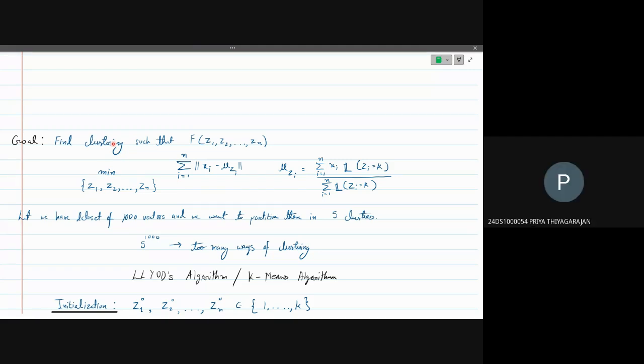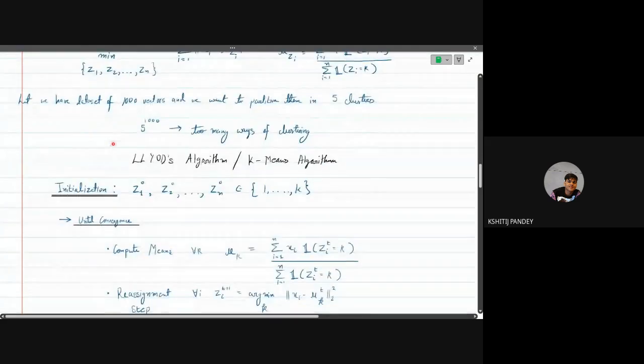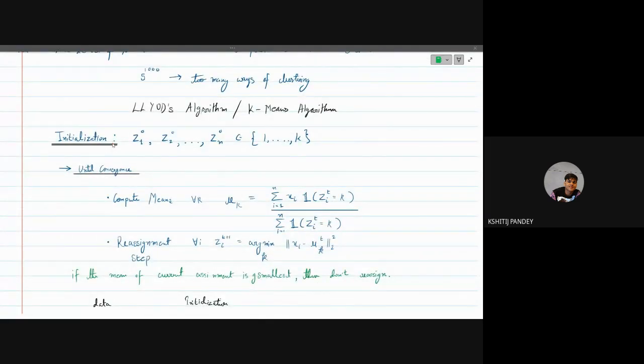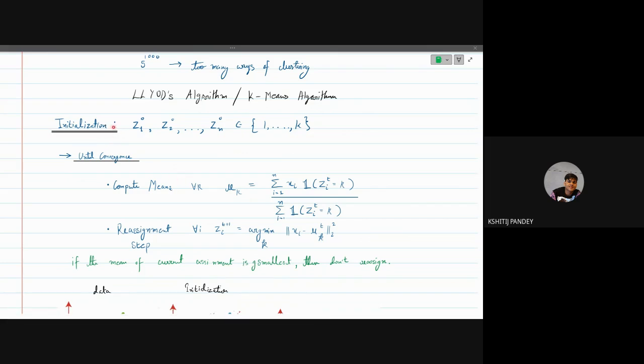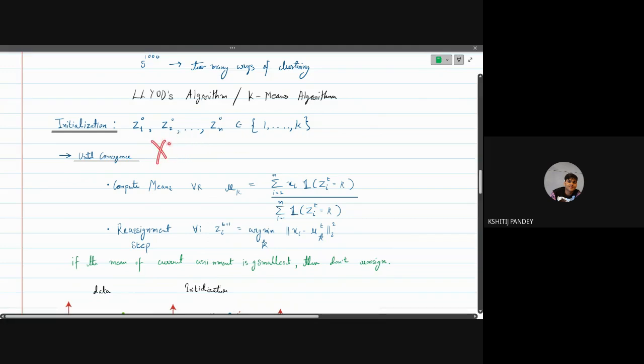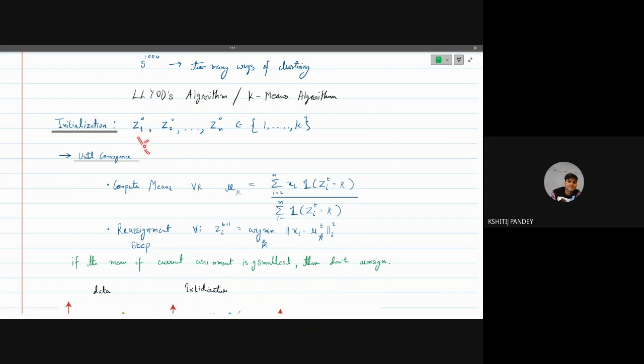So now we came up with Lloyd's algorithm. In Lloyd's algorithm, we randomly initialize our cluster indicators. That is, we assign a random cluster to each data point. For point x1, let's say we give the assignment z1 equal to 1.